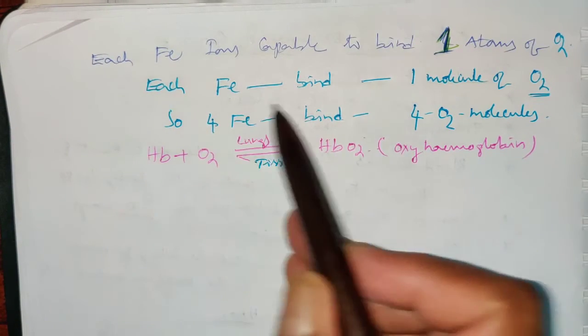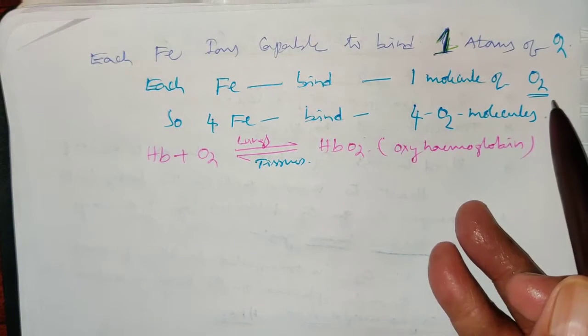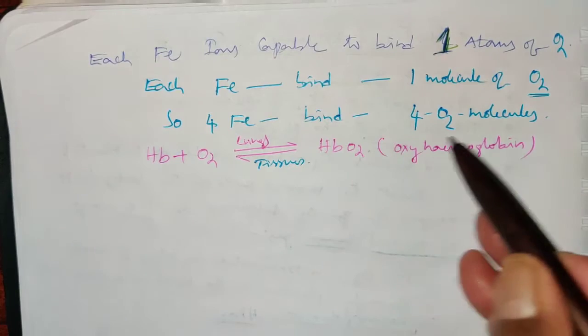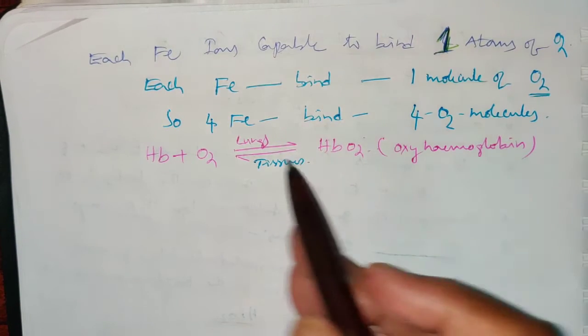Each iron is capable of binding 1 molecule of oxygen. So the 4 iron atoms bind 4 oxygen molecules.